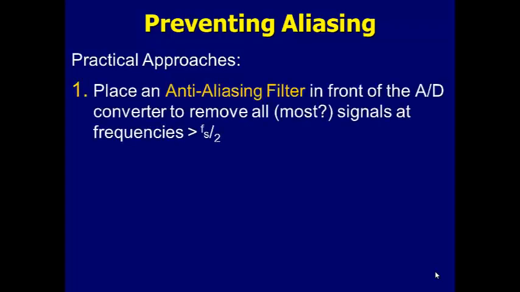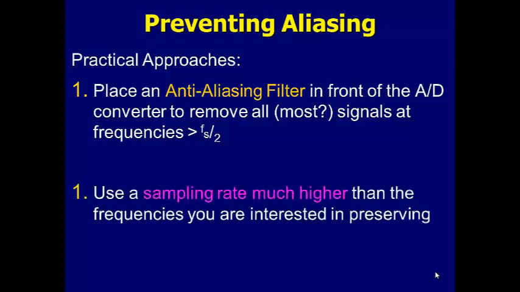Well, most critical digital signal processing systems will have an anti-aliasing filter, literally. A low-pass filter stuck in front of the A to D converter whose job is to make sure that no signal that could alias is going to get in before you sample it. So any signal with frequencies above the Nyquist rate, we're going to chop out with an analog filter.